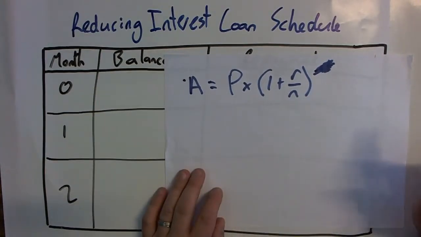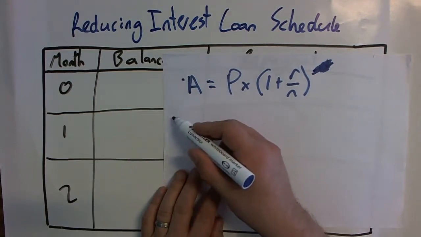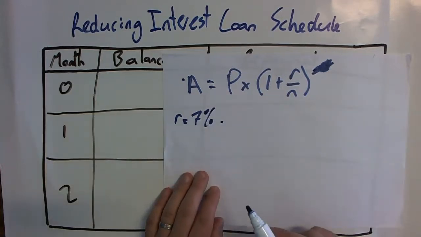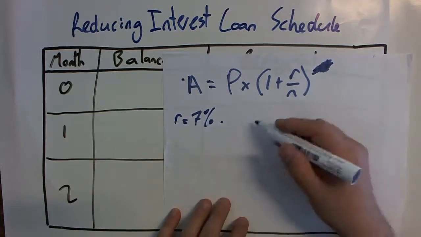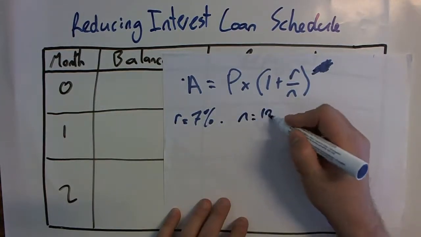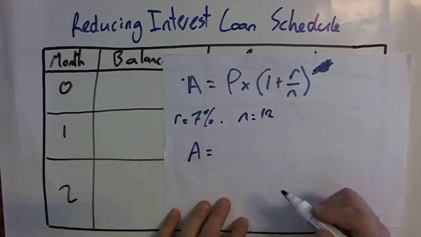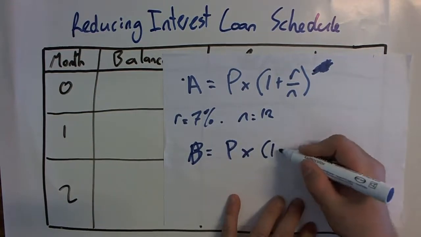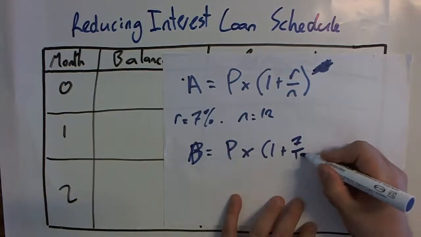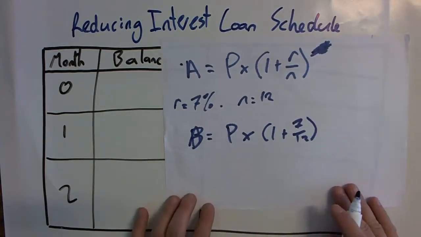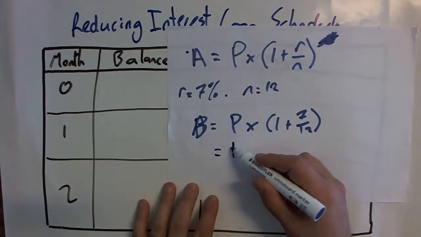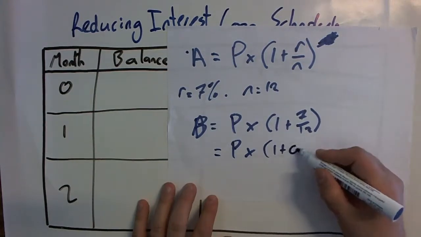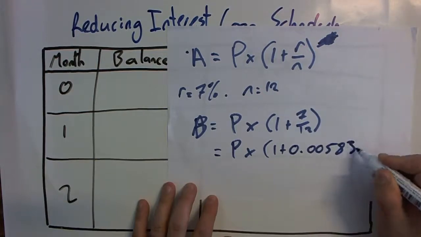Say my rate was 7%. When I plug it in, and it's monthly, so n equals 12, my balance is my principal times (1 + 7/12), which becomes principal times 1 plus 7 divided by 12, which is 0.00583.